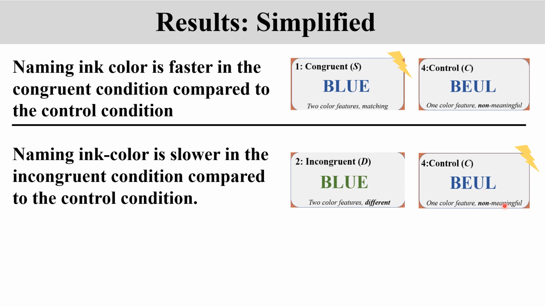The control condition is again just naming the color of this word that doesn't make any sense. So people were faster to say this is blue than to say this is green because the word blue gets in the way. So we see an interference here as well. So facilitation up here, interference down here.